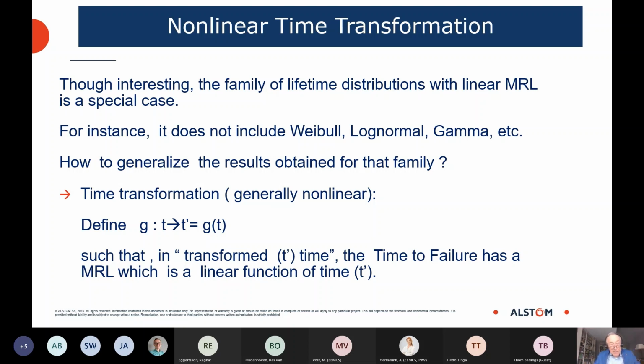So it's a little bit the same idea as those of you who know the support vector machine. We do a nonlinear transformation so that in the image space, you have a separating plane, and then you come back to the initial space. Here's the same idea. We transform the time into another time space, let's say, where things are linear.